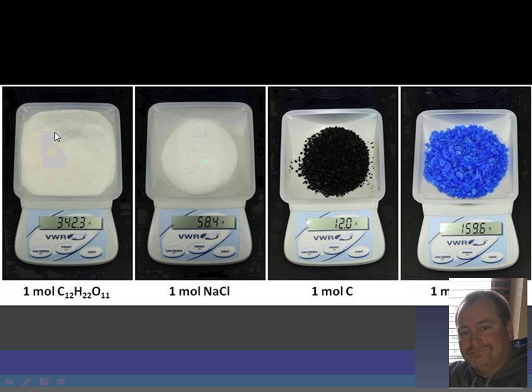So, right here in this measuring dish, I have 6.022 times 10 to the 23rd molecules of sucrose. That is equal to 1 mole of sucrose, and it weighs what? 342.3 grams.